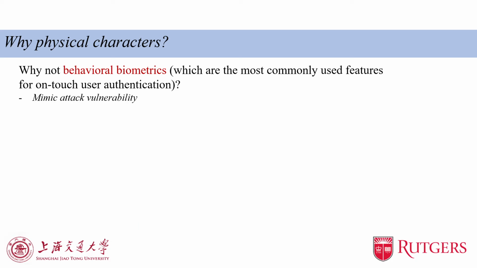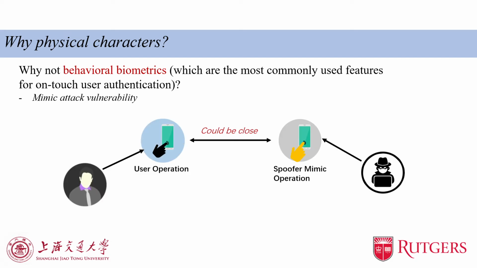And second is mimic attack vulnerability. That is, a spoofer could first observe how a legitimate user behaves and then mimic the exact way of touching operation. Experienced spoofers could do it very well, and the operation could be very similar to the user's.